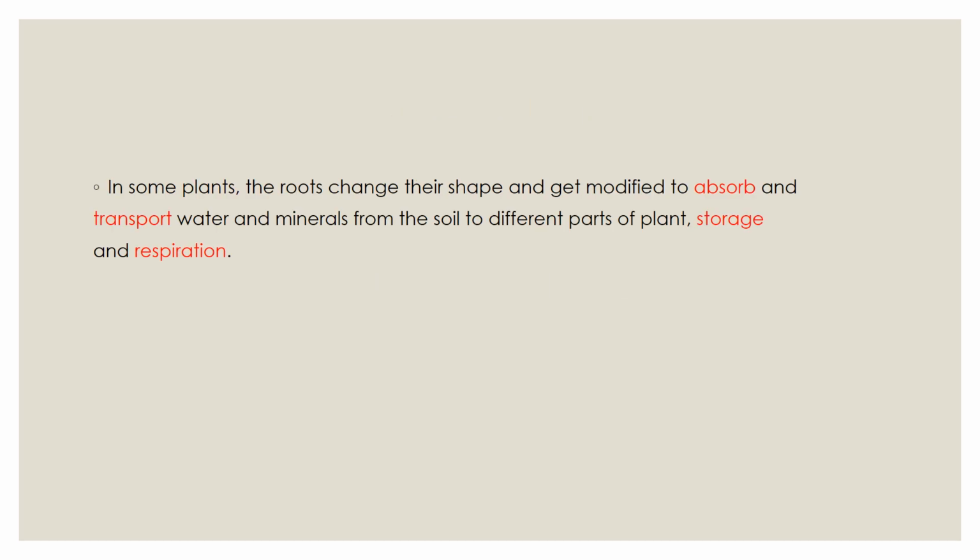Okay, let us know at first the meaning of modification. When I say modification, I mean the changing in the morphology of roots in order to enable the plant to perform certain functions, as we will see.